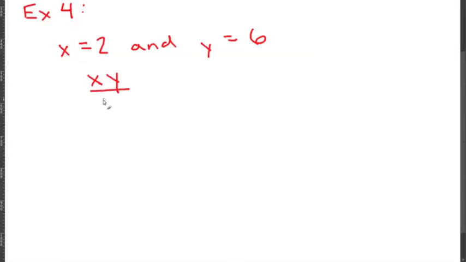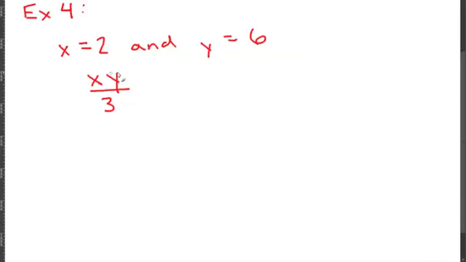Now, let's go on and we'll do one more example, example 4. In this example, I'm going to say that x is equal to 2 and y is going to be equal to 6. And I'm going to ask you to solve x, y all over 3.